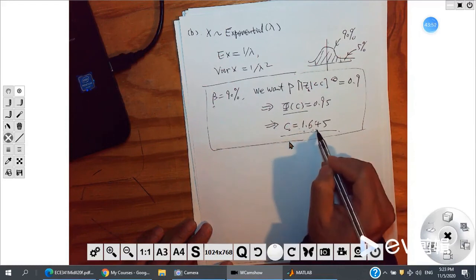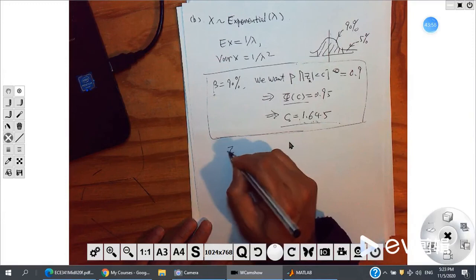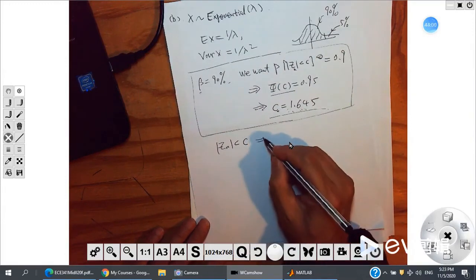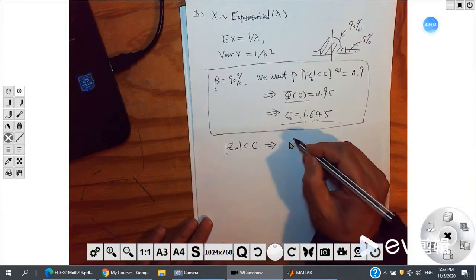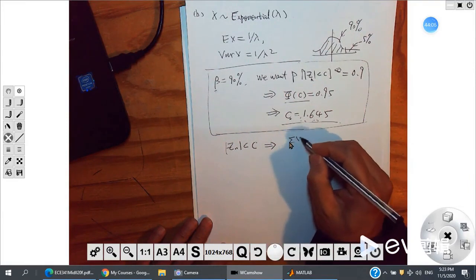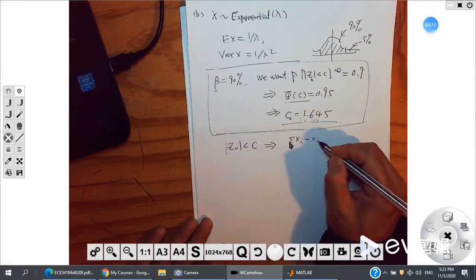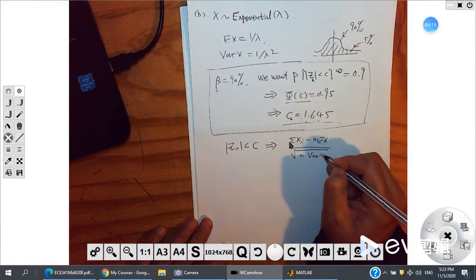Then next, now you need Zn smaller than C. You need to write this in an interval way. Zn is a summation of all those xi, minus n times EX, over the square root of n times variance of x, absolute value.